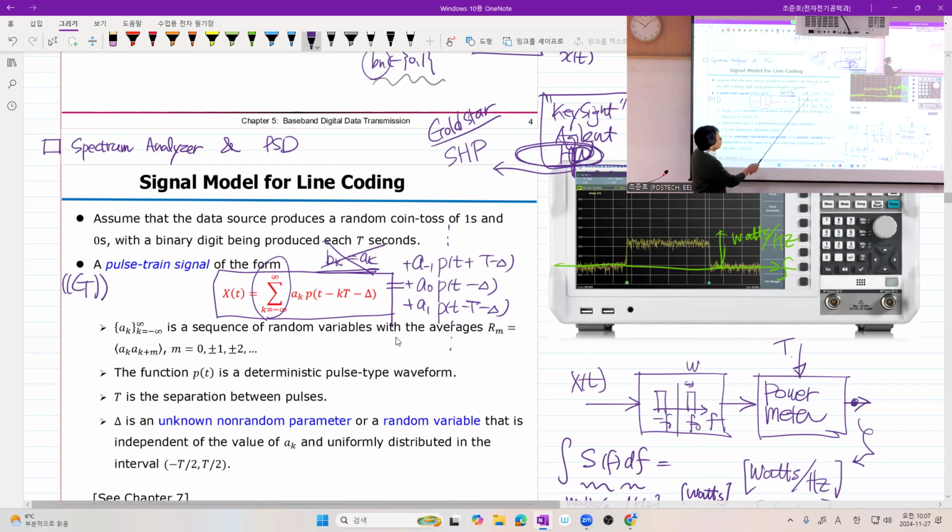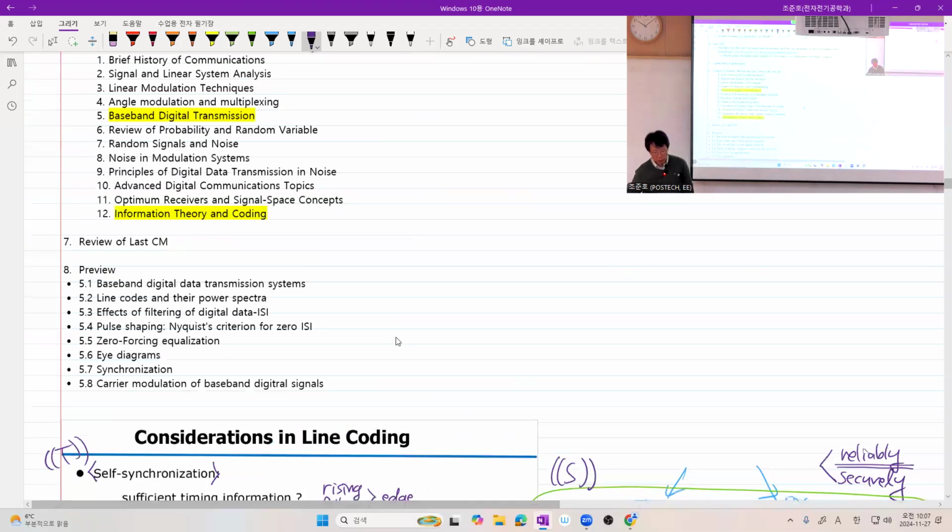Anyway, what does this mean? A pulse P of t is shifted by an integer multiple of capital T, and then this encoded version B_k is multiplied. So let's see one example.